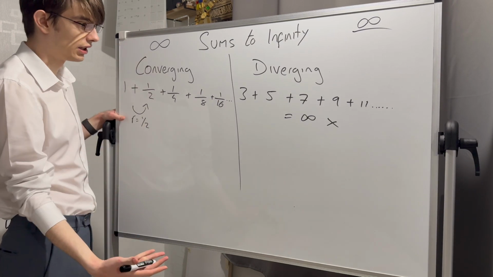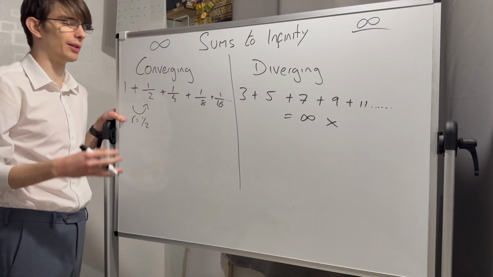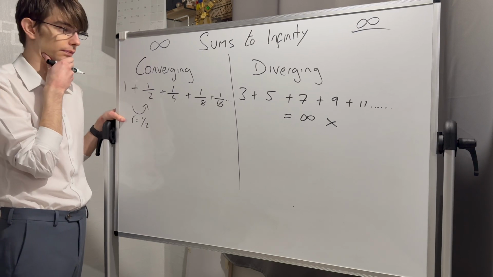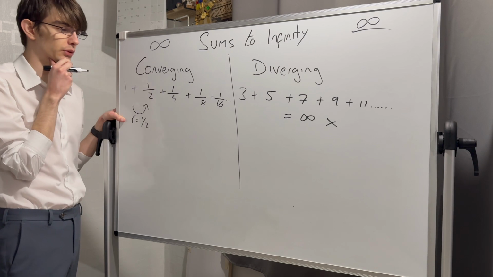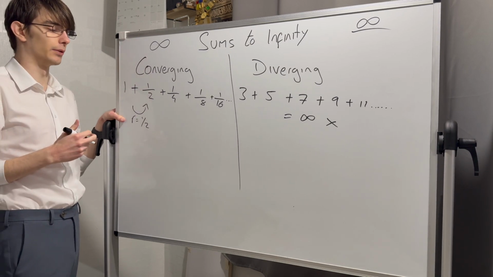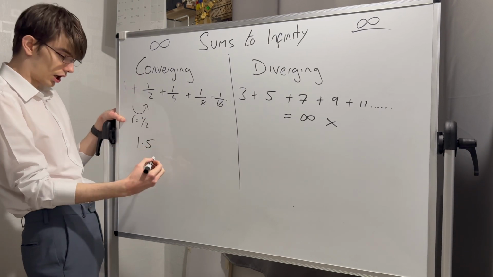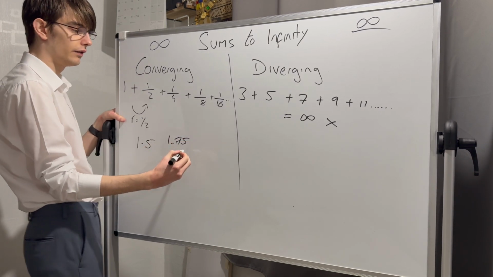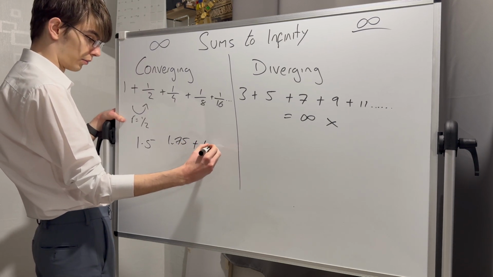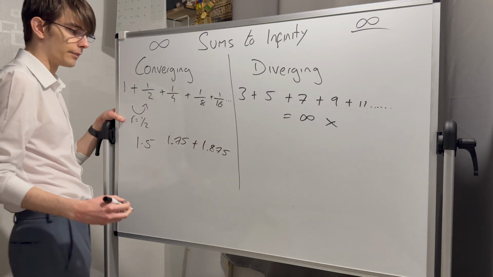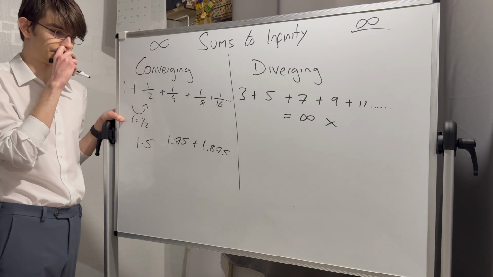Now, if we go a couple of years ahead of schedule with this, we'll see that sometimes it technically does, but that's above the pay grade at the minute. For now, I just want us to have a look at a simple sequence like this and put it into the calculator. 1 plus a half, right, well that's going to be 1.5, plus a quarter, 1.75, plus an eighth, 1.875, plus a 16th, no chance doing that in my head, and so on and so on and so on.